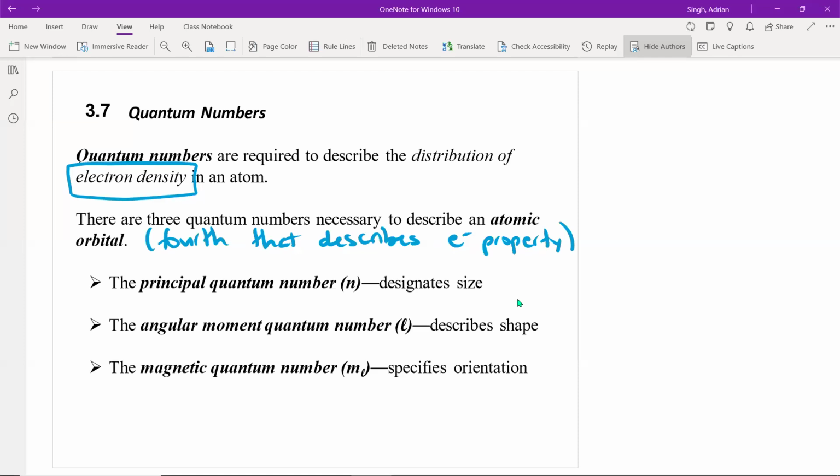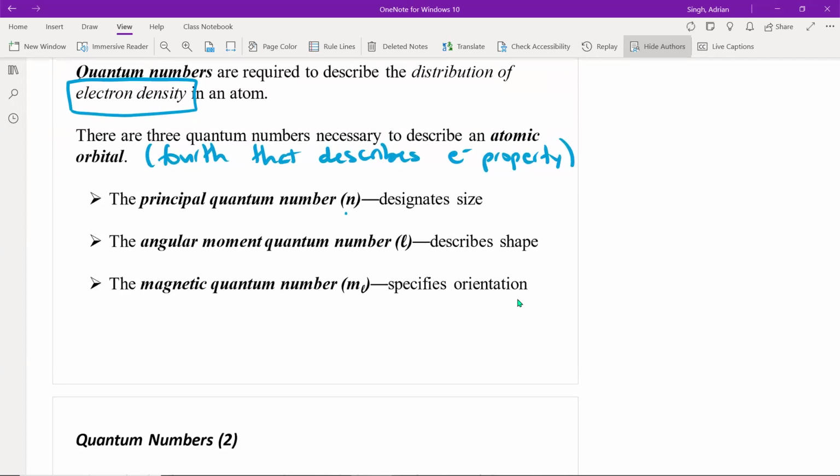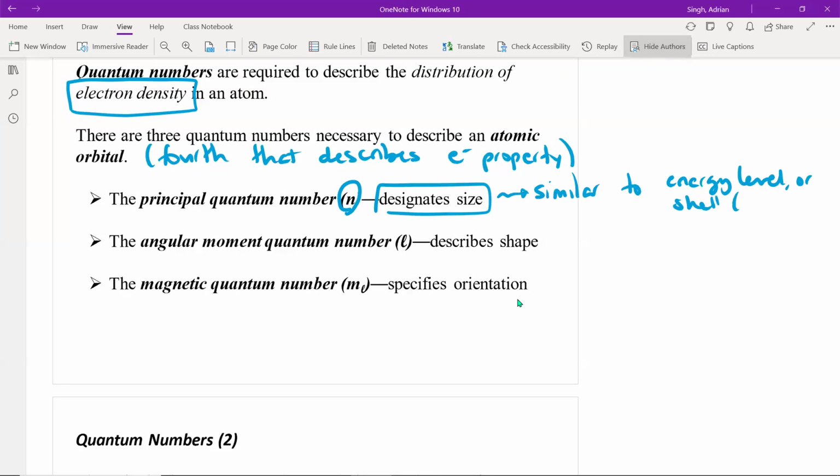So the first one is called the principal quantum number, which we abbreviate as lowercase n. Principal quantum number n designates the size, and you can think of n as sort of analogous to, even though it's not the same thing, the energy level or the shell or the orbit in Bohr's model.